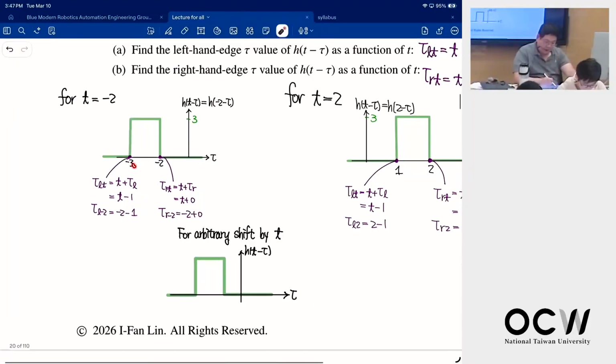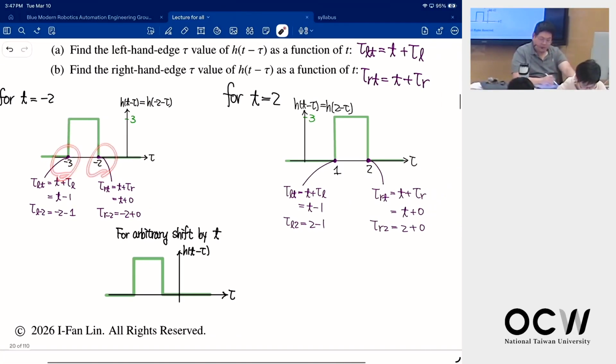Here, because we have a specific t, so we know it is minus 3, minus 2, or even 1, 2.